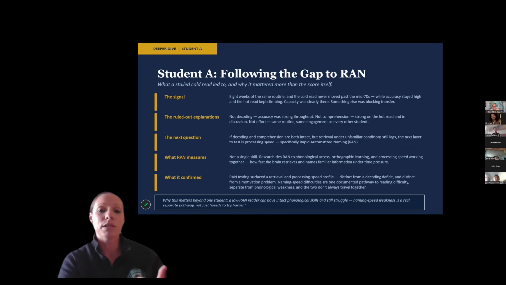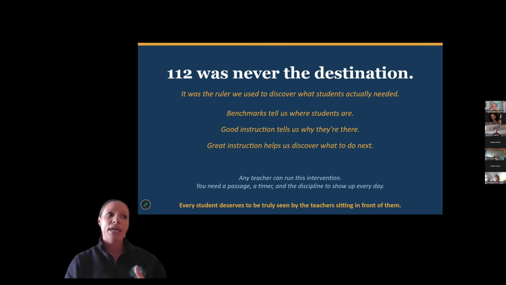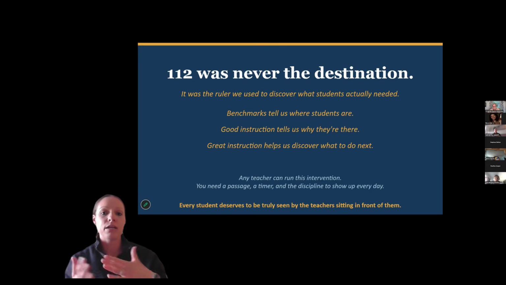So this allowed me to take her to a CST team and give them this information. I had new information that now I could advocate for her to get the supports that she needed.